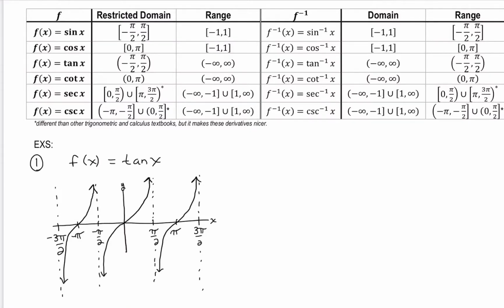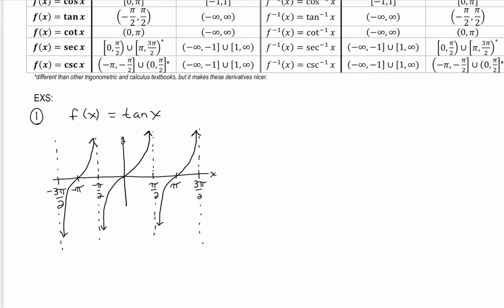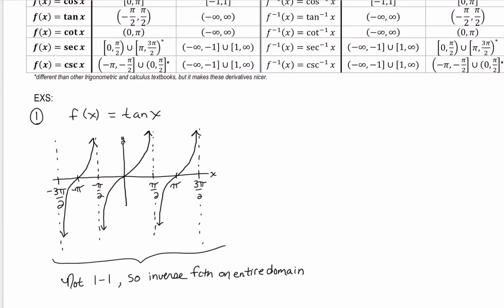So if you recall, in order for a function to have an inverse function, it has to be 1-to-1. So if we were to think about this entire function, we would say it's not 1-to-1. So initially we would say there can be no inverse function on the entire domain. But then we very quickly say, well, let's just restrict it to a region that is 1-to-1.